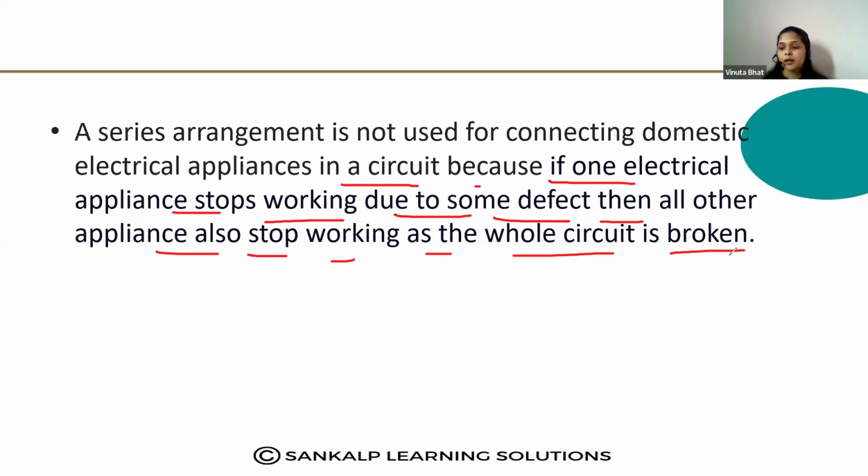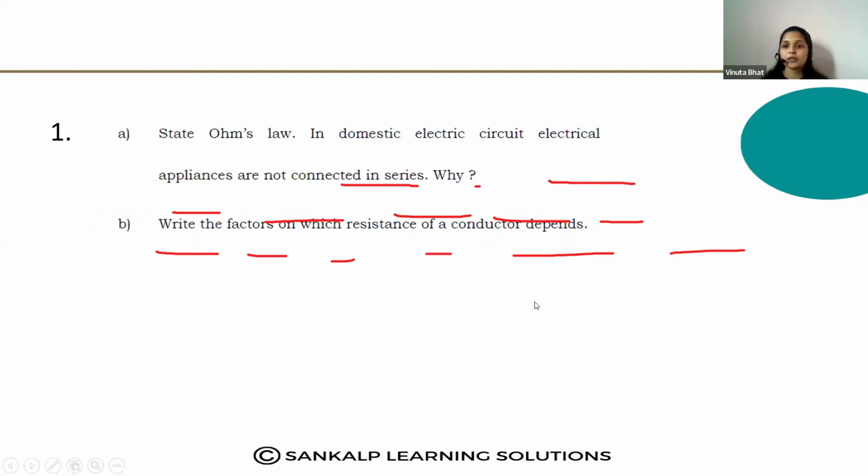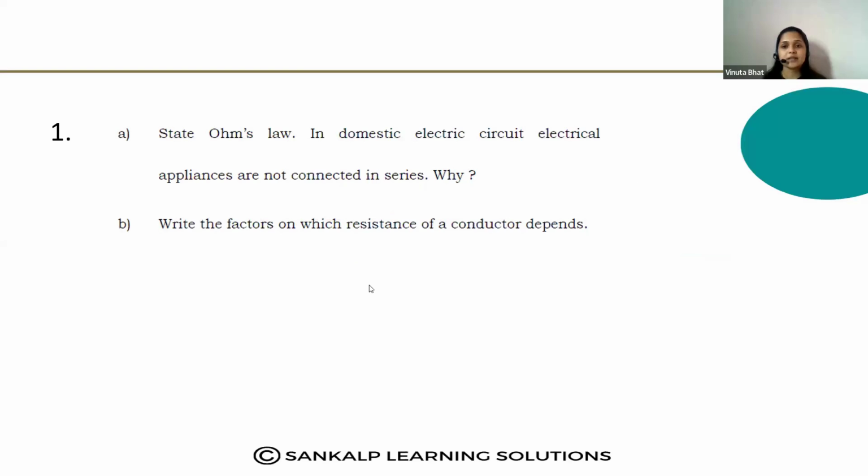For this reason, the electrical devices are not connected in series. They are connected in parallel because it does not divide the electric current. So the same electric current flows through each appliance. Because of this reason also, domestic electrical appliances are not connected in series.